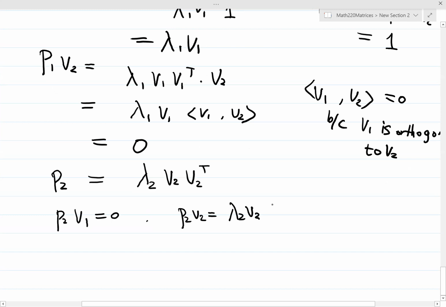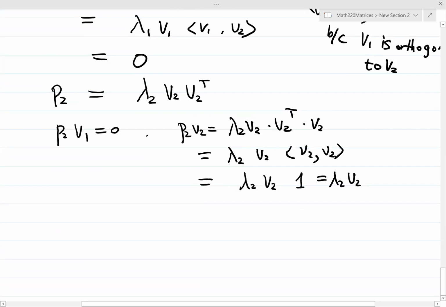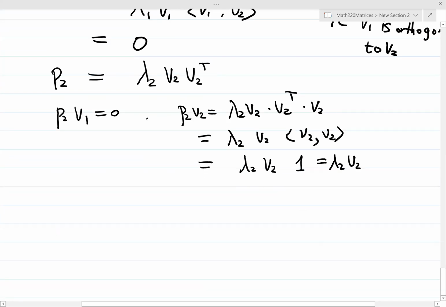If you work it out, V2 transpose times V2, the inner product of V2 with itself, gives 1, because we already chose the eigenvectors to be unit vectors. So this is lambda 2 V2, and so on.